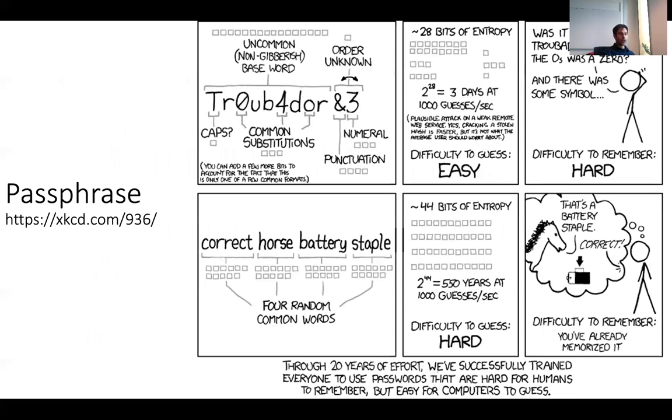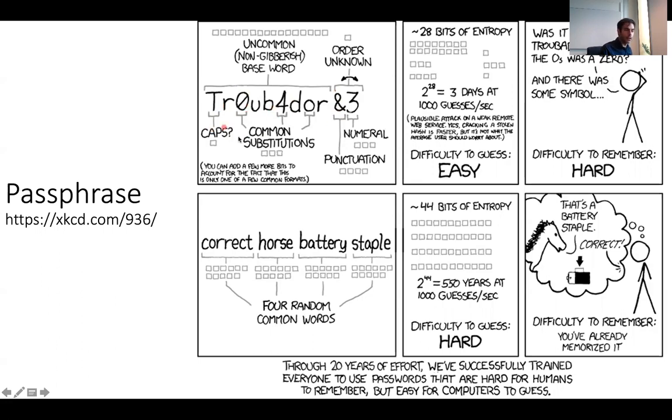As an alternative to passwords, which are easy to guess and hard to remember, many security researchers advocate that users drop passwords and use passphrases instead. So again, I'm going to use an XKCD comic here that shows that if you force users to choose a secure password, meaning a password which contains uppercase letters and lowercase letters and numbers and symbols, many users will choose passwords which follow a pattern.